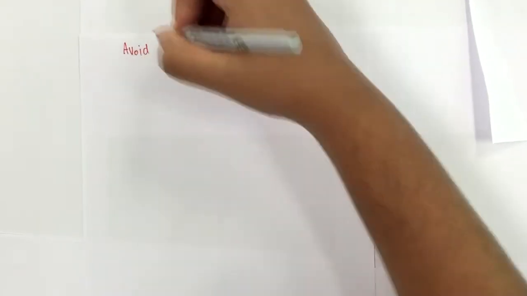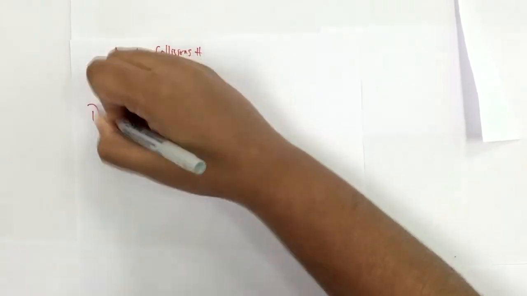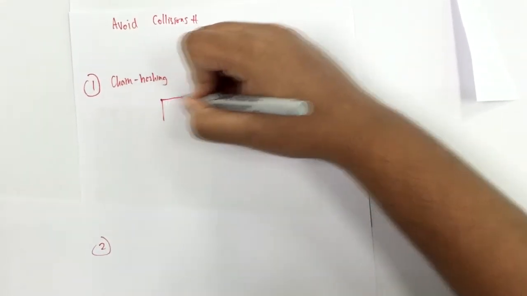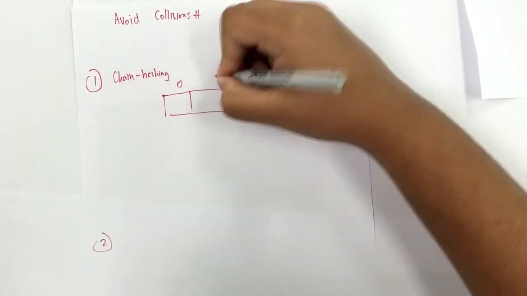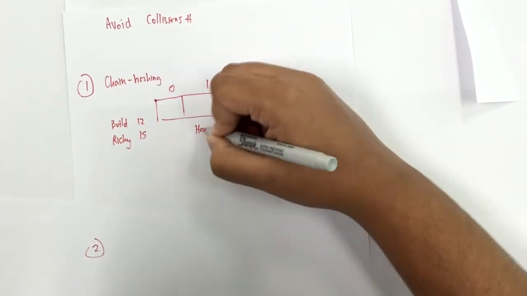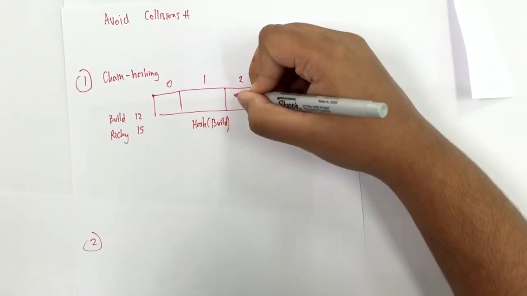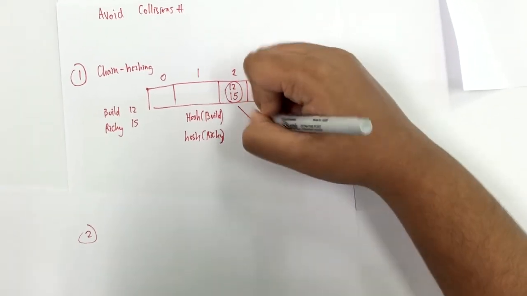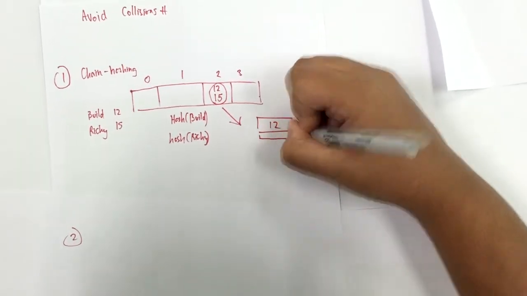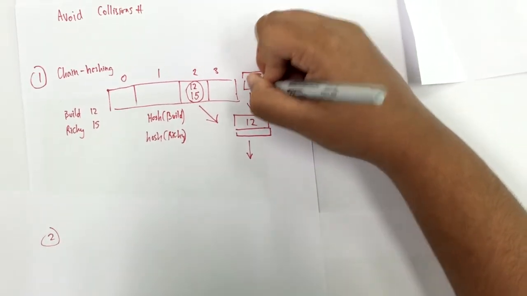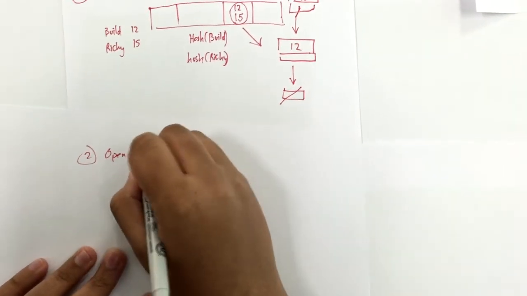To avoid these collisions, there are two common solutions. The first one is called chain hashing, in which we use linked list data structures to store collisions. For example, in the previous example, Richie and Build will be stored as a linked list, with Build being the tail and Richie being the head.